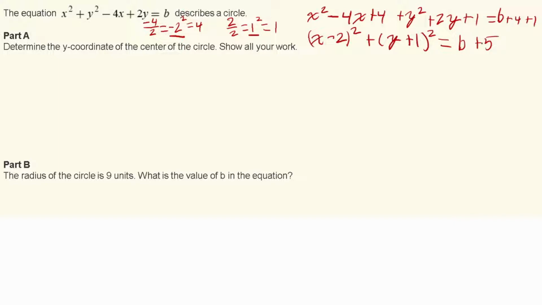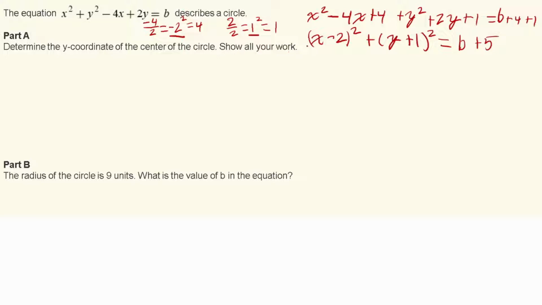Now, I know this b plus 5 is confusing because we never had b in our problems before, but that's going to come into play a little later. So now let's look at our part A and our part B. Now that we got this cleaned up, we could recognize this left side, and our right side will get together later. So it says, determine the y coordinate of the center of the circle.